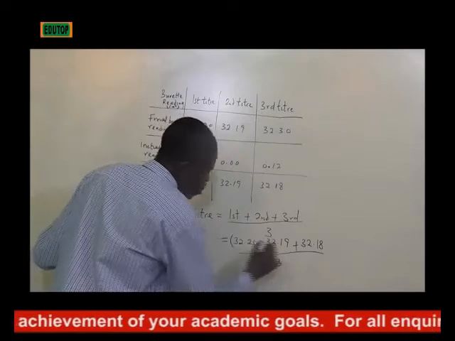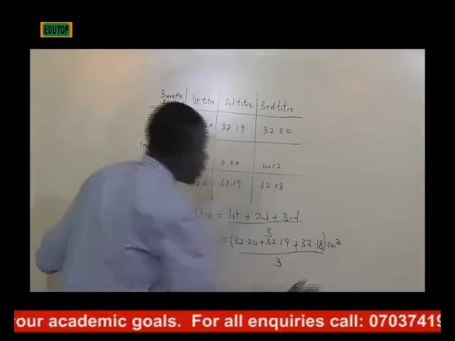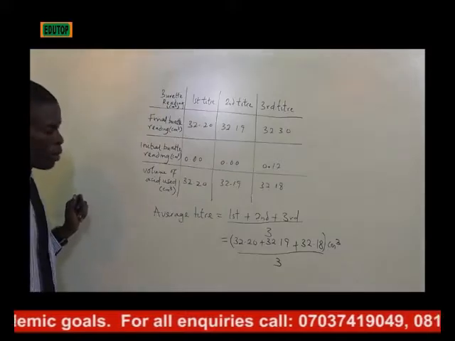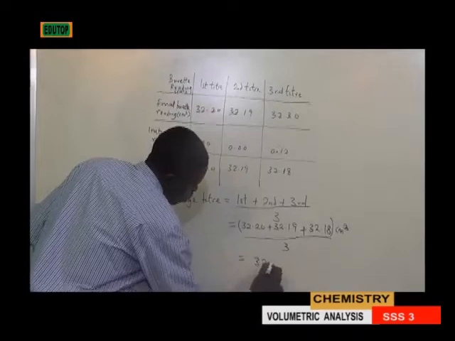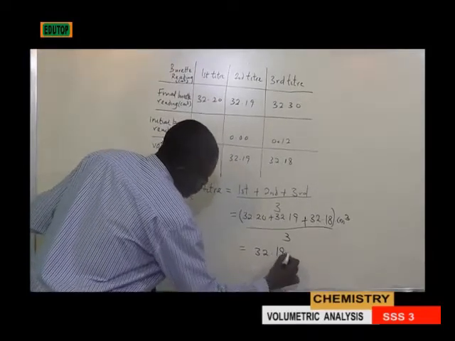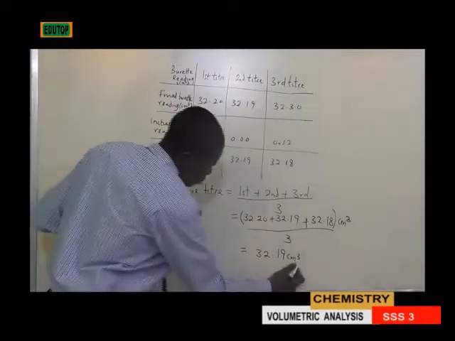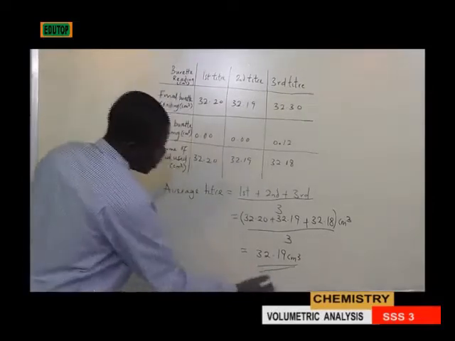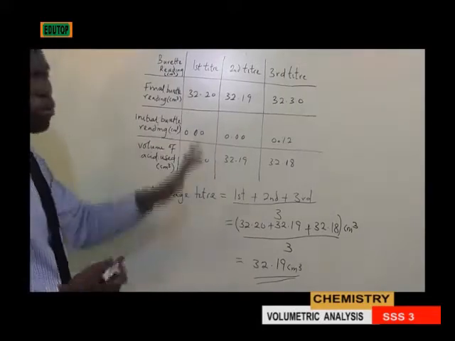You must ensure that it is expressed in cm³, where the final answer will be 32.19 cm³. So this is the average titer for this table.